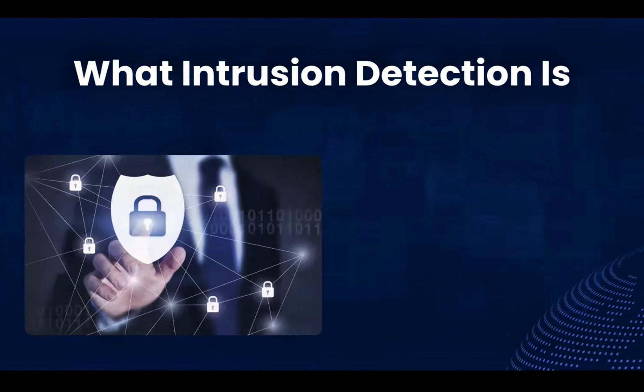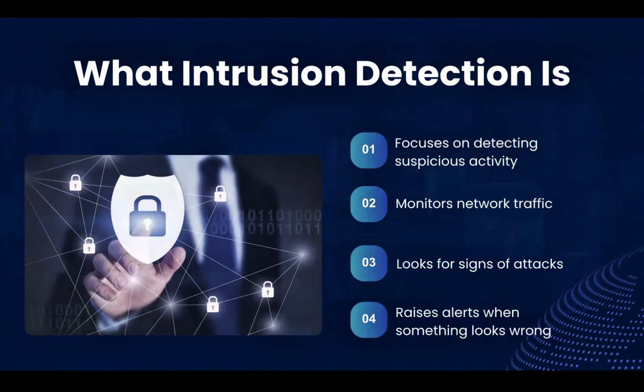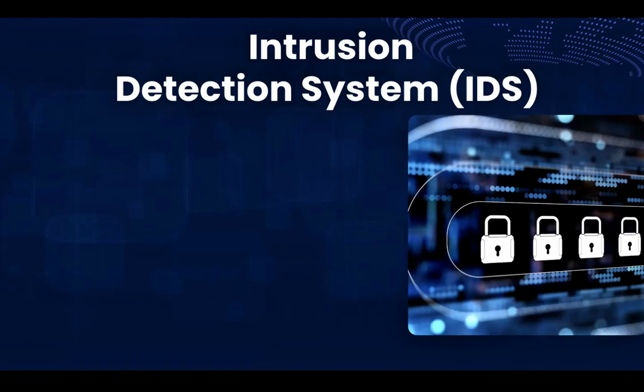Let's now move to the intrusion detection system, which is an IDS. An IDS focuses on visibility. It detects suspicious activity, it monitors network traffic, it looks for signs of attacks, and it raises alerts when something looks wrong. An Intrusion Detection System, or IDS, watches traffic without stopping it.